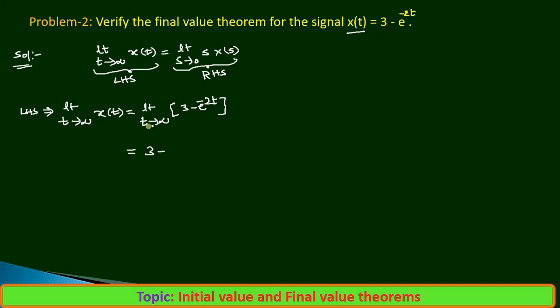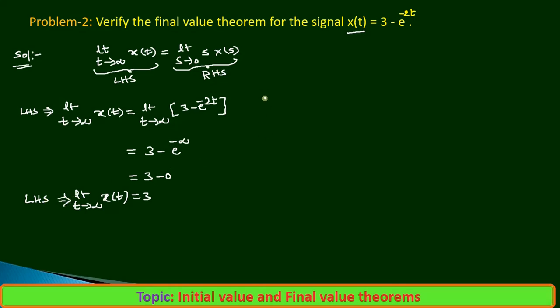Now apply the infinity value in place of t. We can write e^(-infinity), and e^(-infinity) value is 0. So its value is equal to 3. So limit t tends to infinity of x(t) is equal to 3. This is nothing but the LHS of the expression.